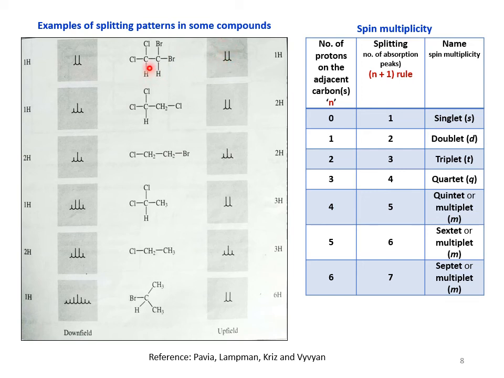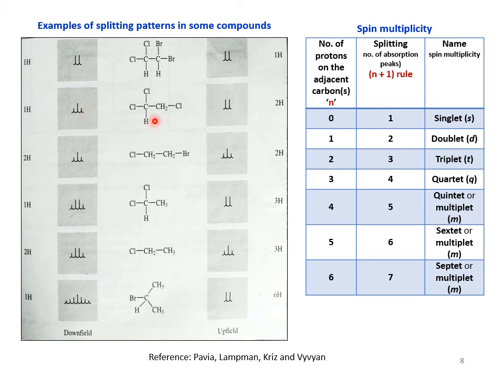And similarly this proton is present adjacent to the carbon having 1 proton, hence n plus 1 rule, 1 plus 1 is 2. This also splits into a doublet. And this methine proton is shielded because bromine is less electronegative than chlorine.